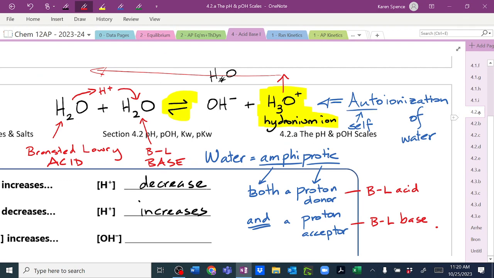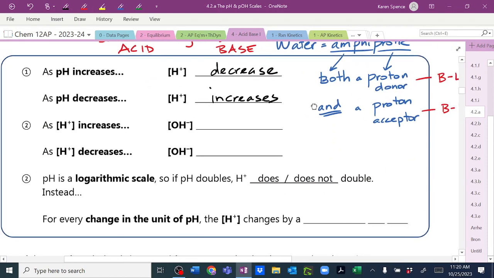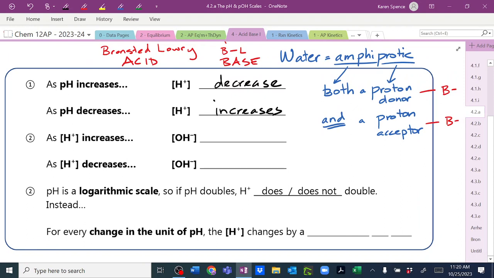If you add water, you just still have water, right? Because does water have a concentration? No. So now we can go back here and say, as hydrogen increases, hydroxide decreases.